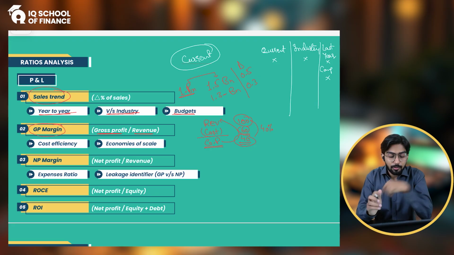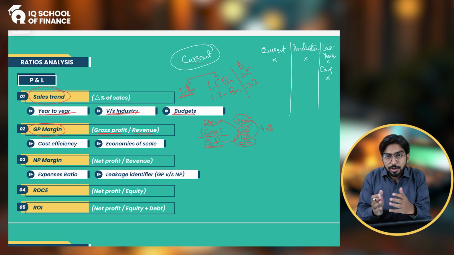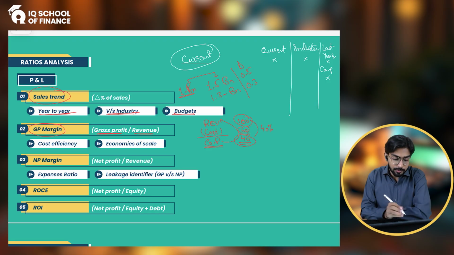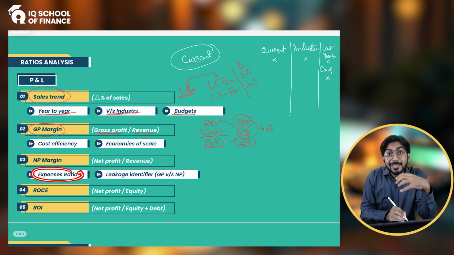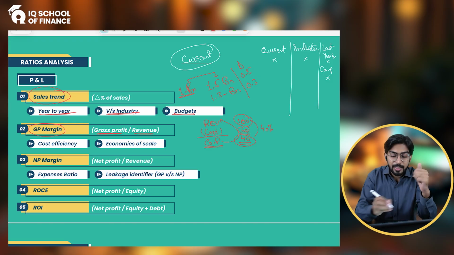All right. Now let's move forward to the NP margin, that is the net profit margin. Similarly, like the GP margin, the net profit margin talks about the expense ratio, like where is your revenue going after deducting the direct cost, because in the GP this cost is the direct cost.